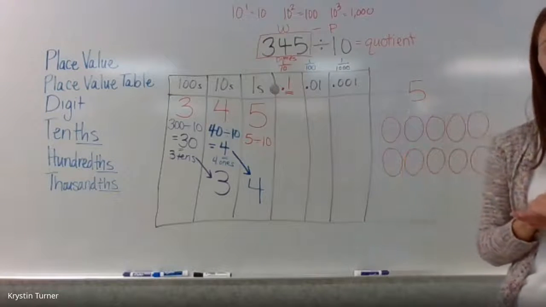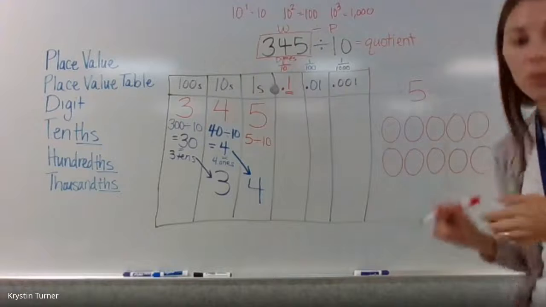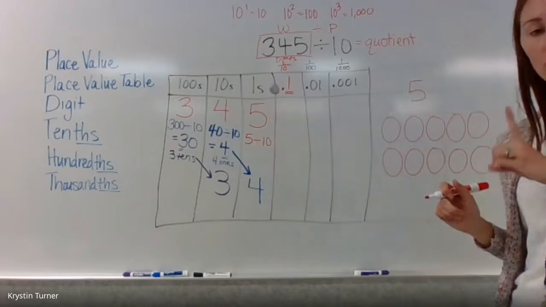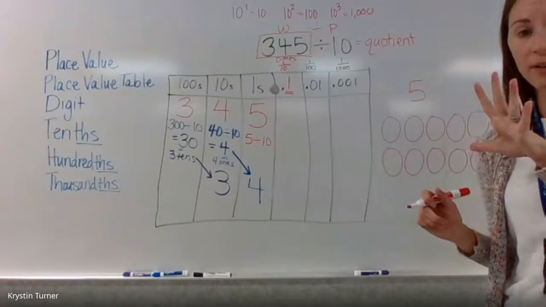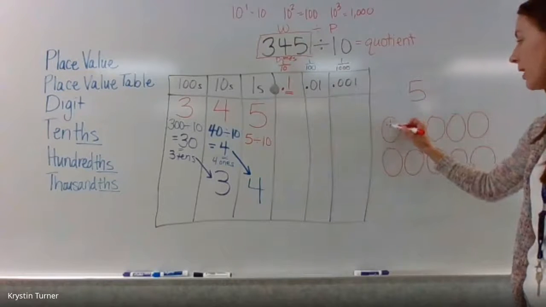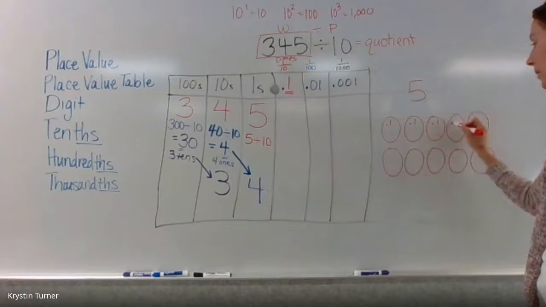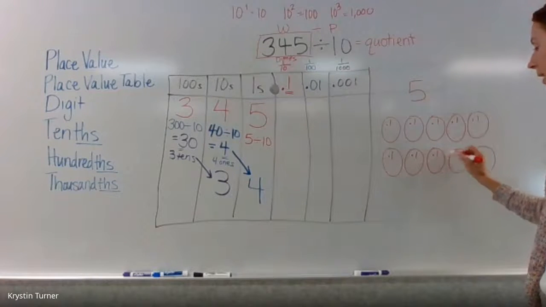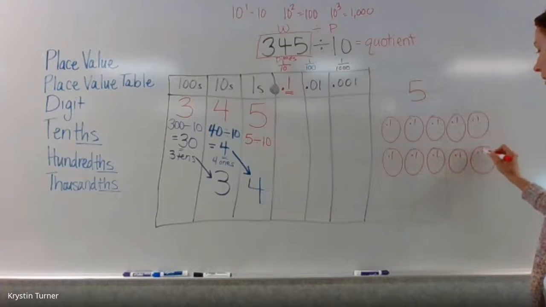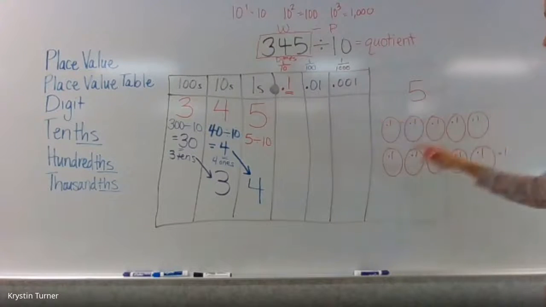Right now I'm just going to put 1/10 into each group until I get to 5 wholes. So I can think 1/10, 2/10, 3/10, 4/10, 5/10, 6/10, 7/10, 8/10, 9/10. 10/10 would equal 1 whole, right? So that's only 1 whole.